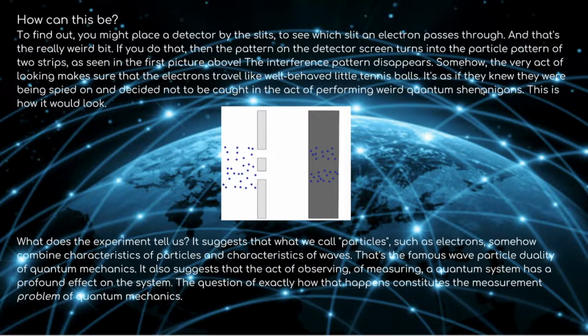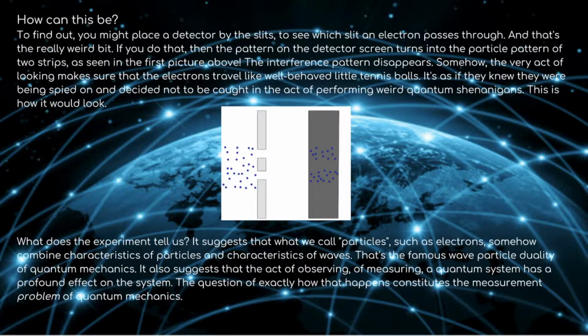It's as if they knew that they were being spied on and decided not to be caught in the act of performing weird quantum shenanigans. This is how it would look. What does the experiment tell us? It suggests that what we call particles, such as electrons, somehow combine the characteristics of particles and the characteristics of waves.